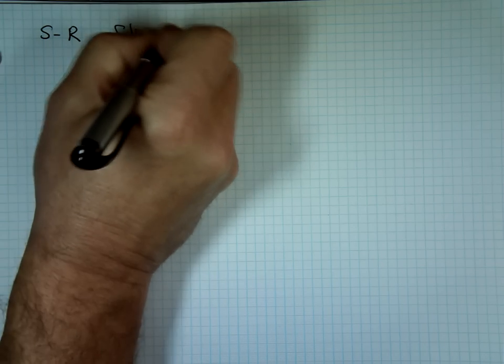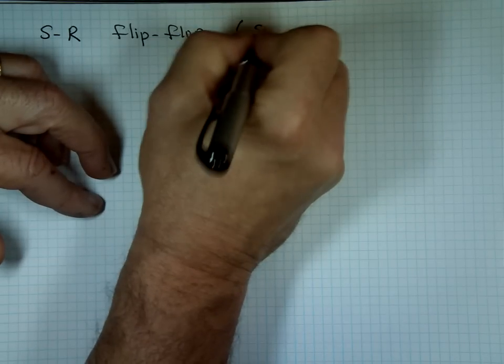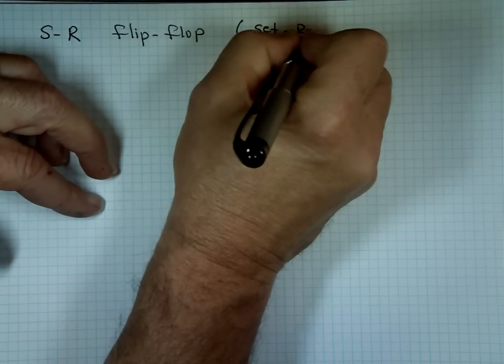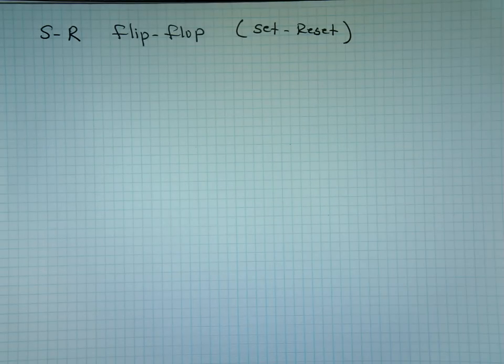The name SR came from set, reset. When you say set, that means the flip-flop is going to go to a value of 1. When you reset the flip-flop, that's a value of 0. So you have 2 inputs for this flip-flop.